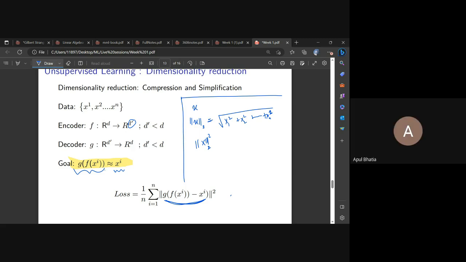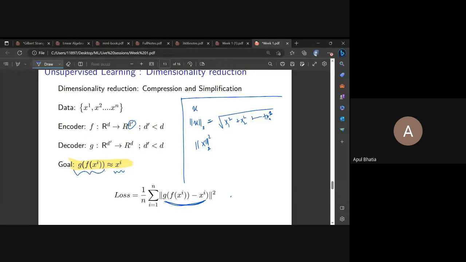Ma'am, if there are two pairs of encoder and decoder given, and we find that the loss of one of the pairs is more than the loss of the second pair, can we automatically assume the decoder is also not a good fit, or do we have to calculate the loss for the decoder also?